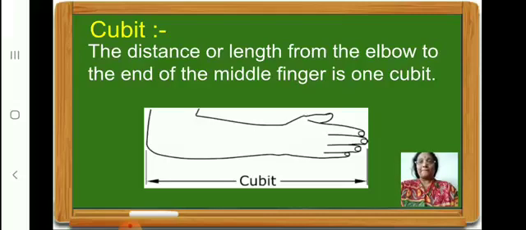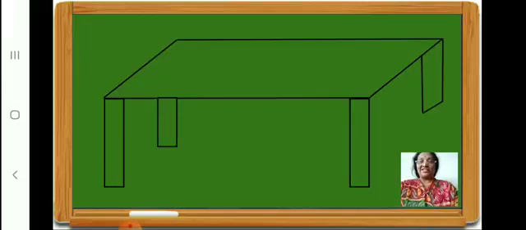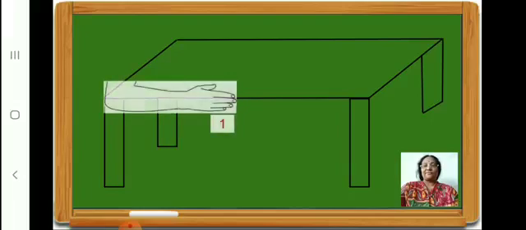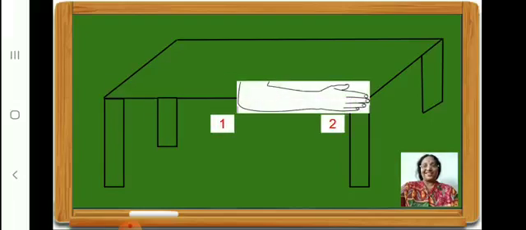Okay. Now let us measure this table with a cubit. 1 cubit, 2 cubit. Therefore, the length of this table is 2 cubit.